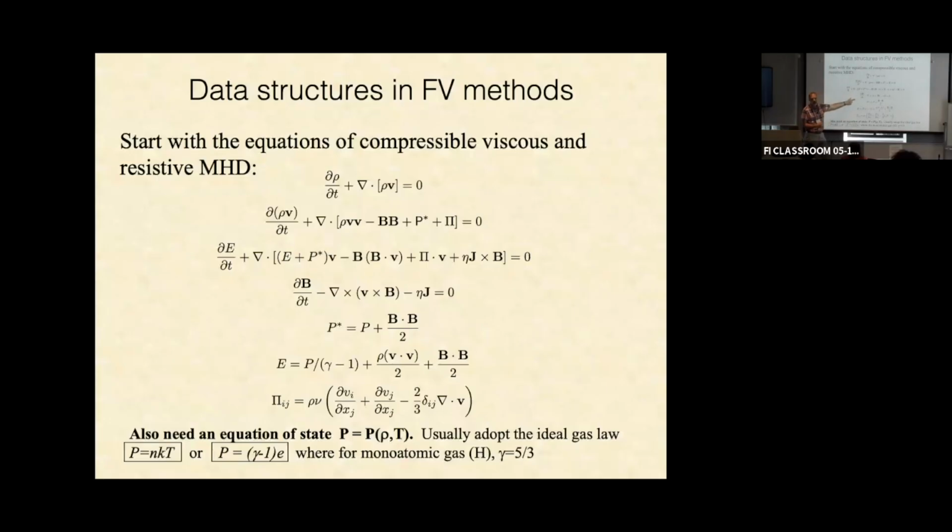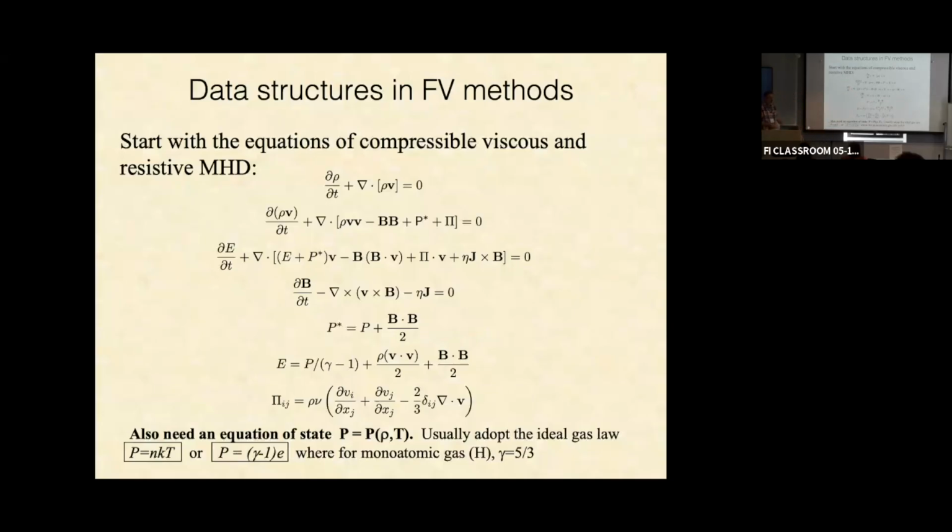And then you need the magnetic field, 3 components of the magnetic field. Again, I think you heard about constrained transport and the ways of keeping div B equals 0. The magnetic field in constrained transport is centered on faces of the cells, and so it's stored a little bit differently. So you can split them into the hydro variables, the 5 arrays you need here, and then the 3 magnetic fields you need here.